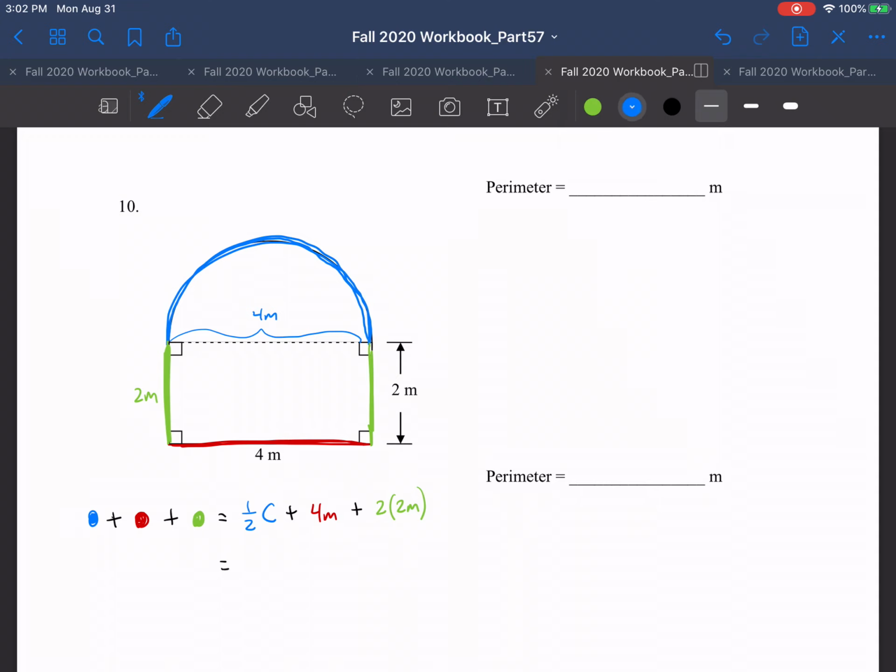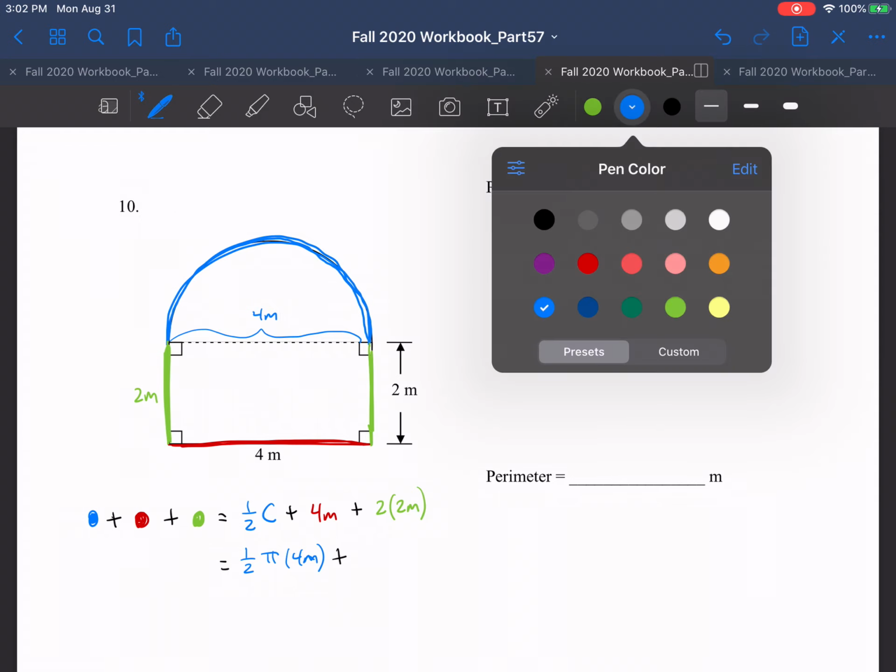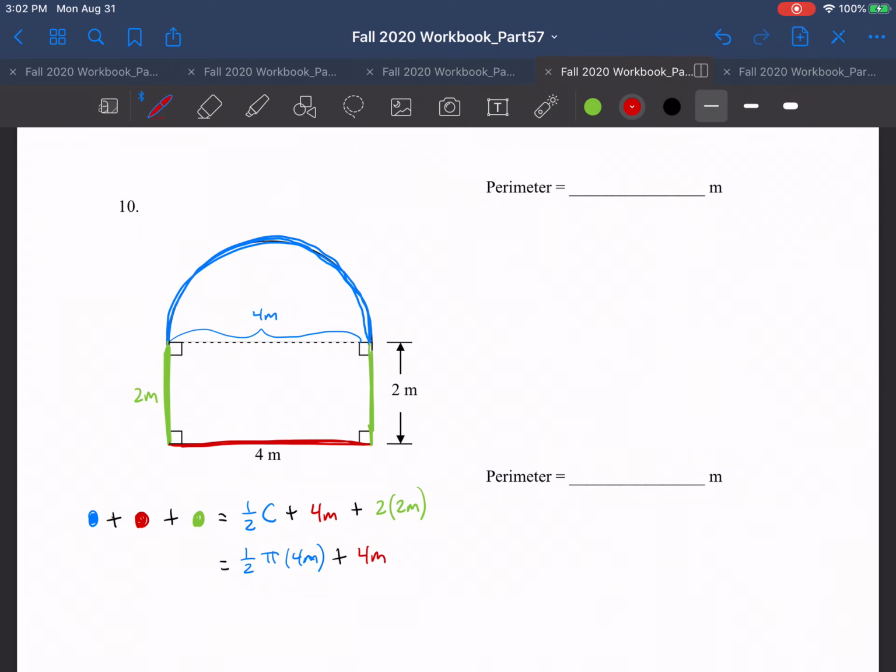So this is going to become 1/2 times pi times the 4 meters, all right, plus the 4 meters for the red side, and then plus 2 times 2 is 4 meters for the green sides. All right, so you can go ahead and try that one again in your calculator and see what you get. Check your answer and make sure you got what was supposed to be there.